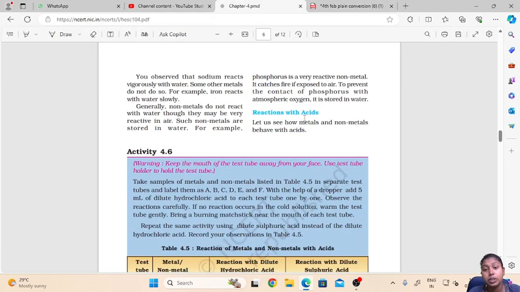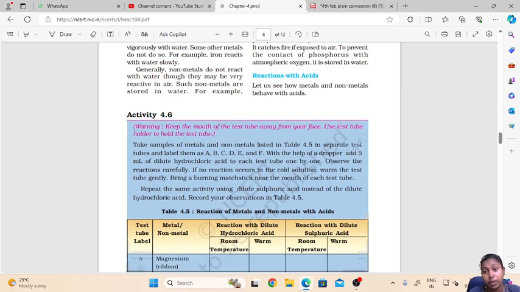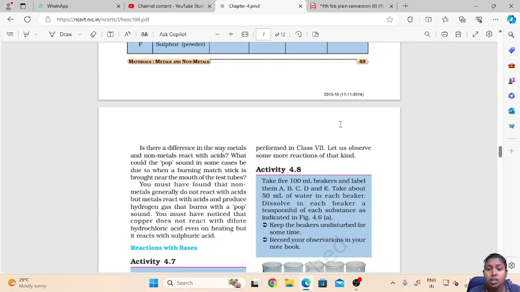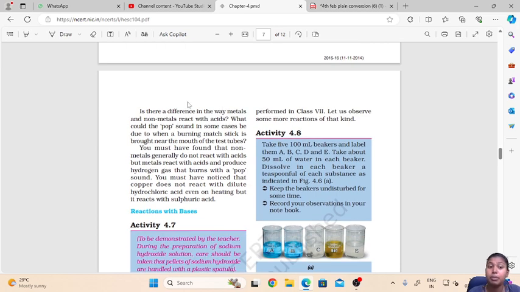Let's see reaction with acids. So how metals and non-metals will behave with acids. There is a difference in the way metals and non-metals react with acid. So what could the pop sound be in some cases?